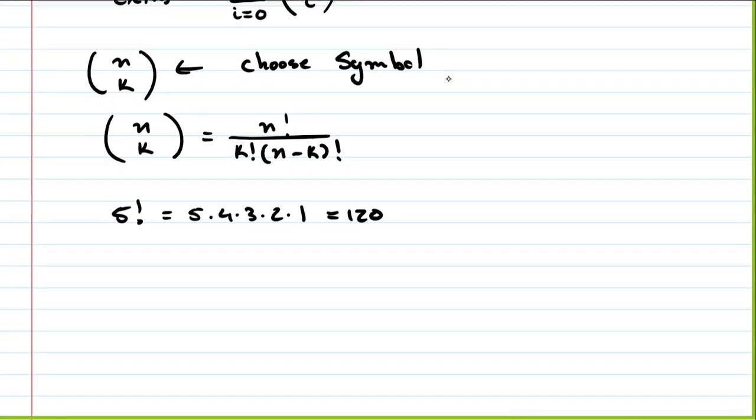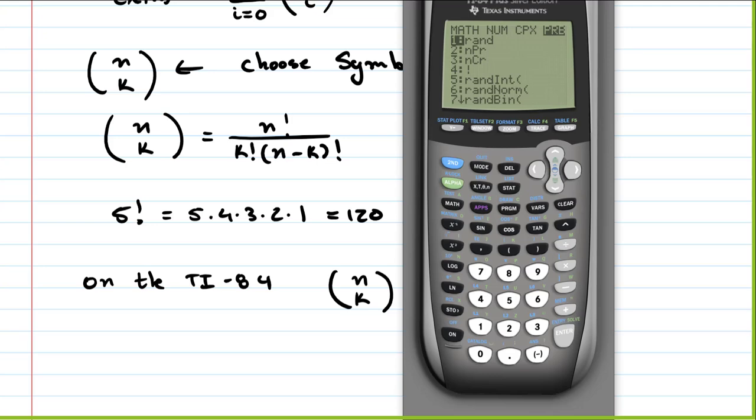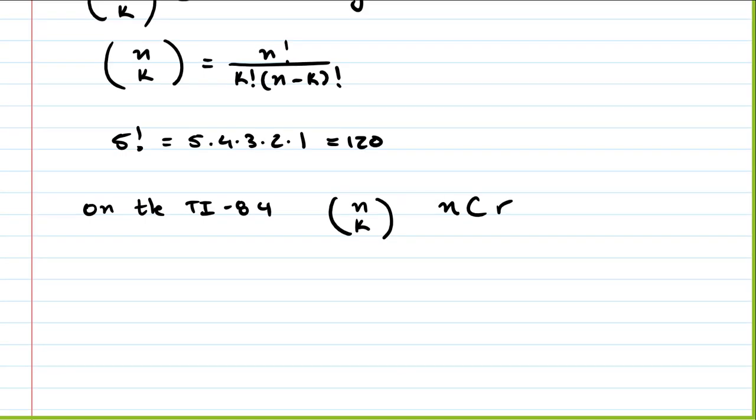So instead of n choose k, we're going to do n, then c, and they use r instead of k.